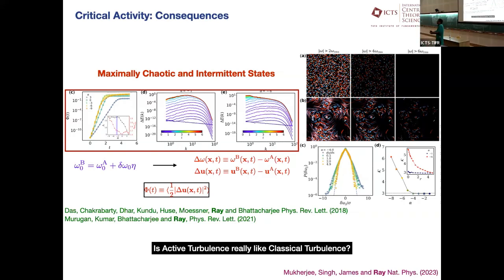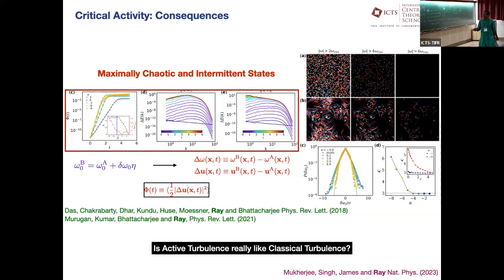In high Reynolds number turbulence, we know from mean field theory, multifractal theory, with corrections, that the Lyapunov exponent grows unbounded with Reynolds number, square root of Reynolds, whatever, with corrections. What we find here is that in these systems, and you have to really look at this plot, I'm sorry, the Lyapunov exponent grows as you make the systems more active, then you hit the critical activity, and then it stops growing. So it becomes maximally chaotic at alpha_c and stays there.